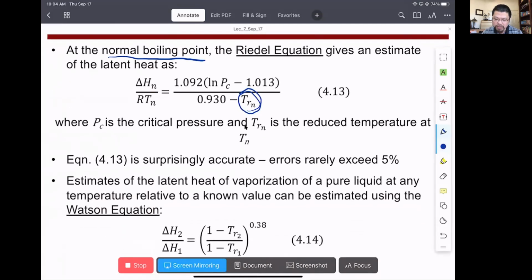What is the so-called reduced temperature? That is basically TR is T over TC, the critical temperature, right? N over there is simply to remind us this is normal, around 1 bar, 1 atm.